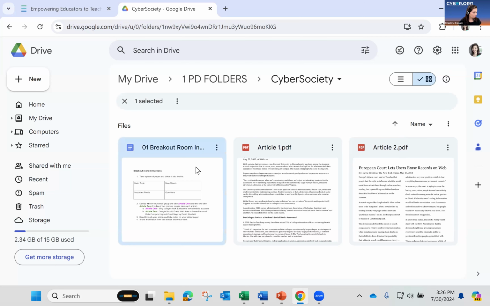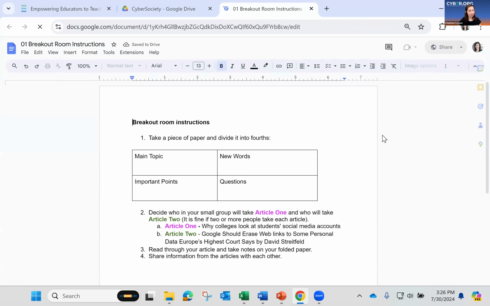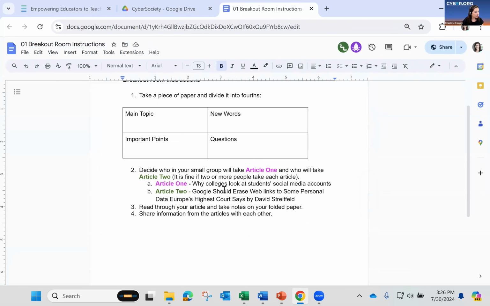If I were to click on the instructions, it gives you another image for how to have your paper folded and labeled with your main topic, important points, new words, and questions. You're going to decide who in your group will read Article 1 and who will read Article 2. And then read through your article and take notes on your folded paper and share information from the articles with each other.